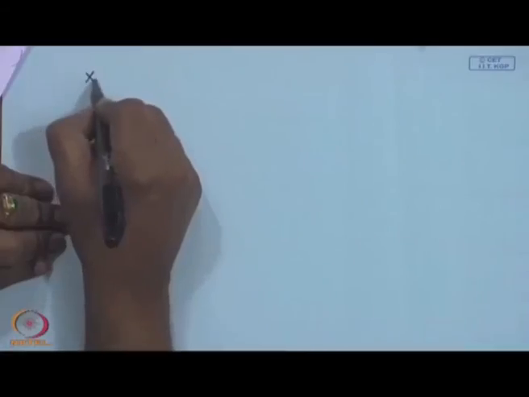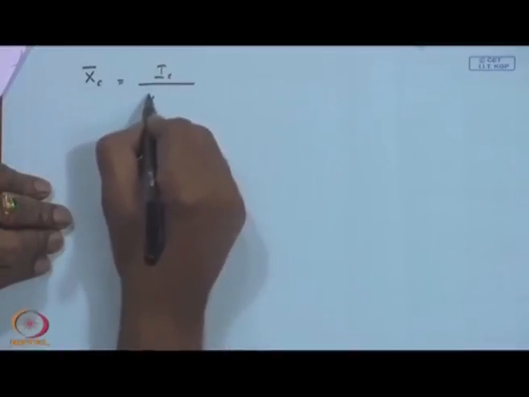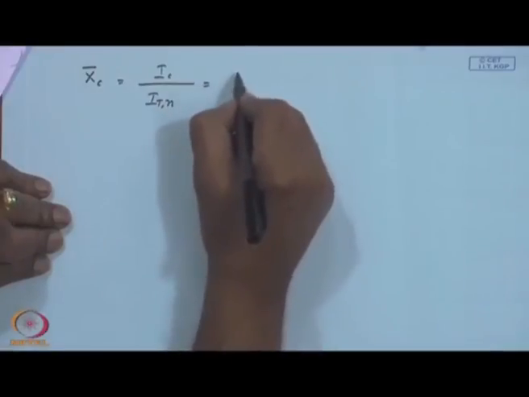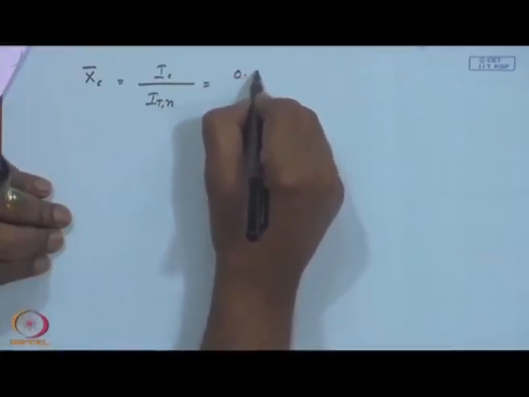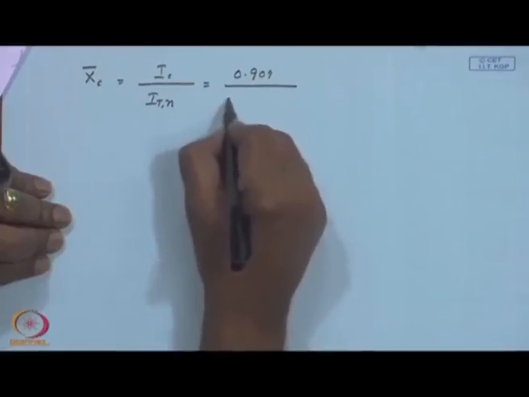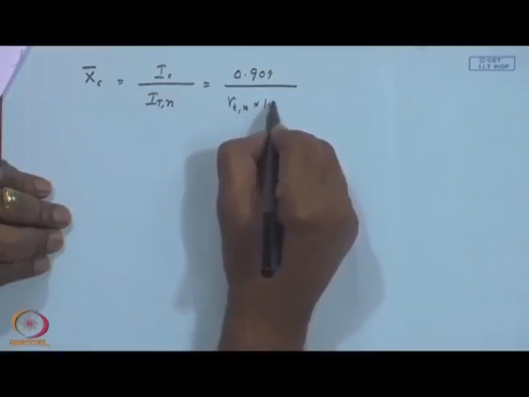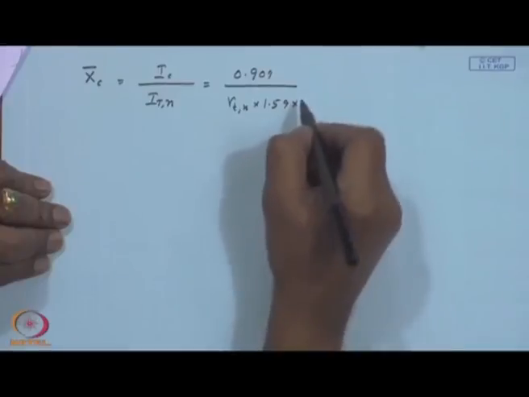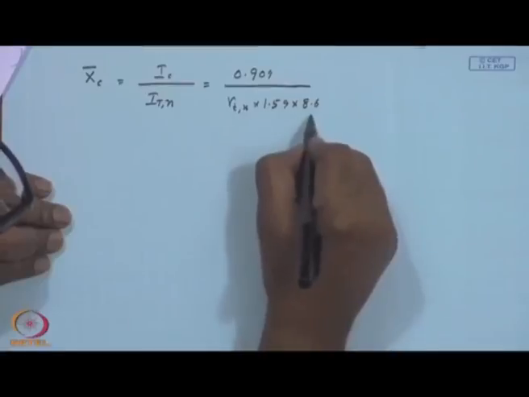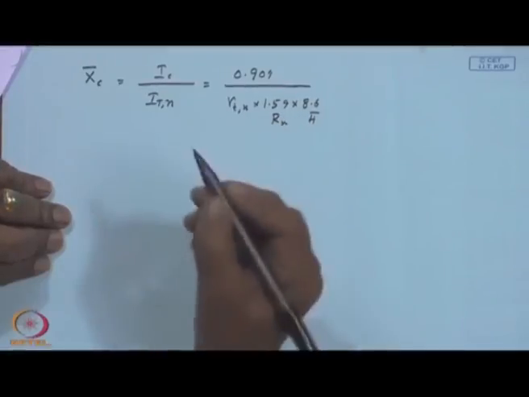So, non-dimensional critical level X c bar will be I c by I t at noon time, that is equal to, now we got 0.909, which is R t n into R n into H bar. This is H bar, R n and R t n.